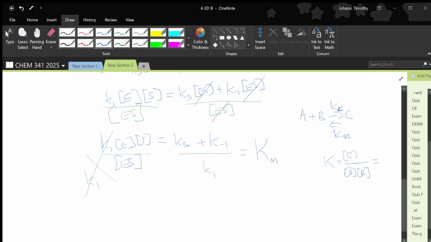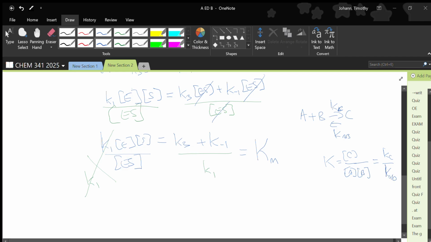But this is where thermodynamics and kinetics come together. It also can be that rate constant over that rate constant. You guys remember that? Maybe you don't. But that's what's going on here.